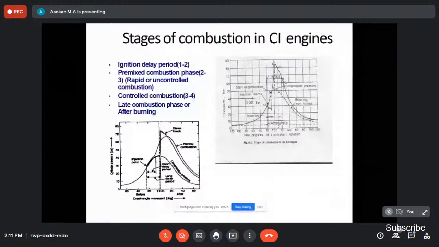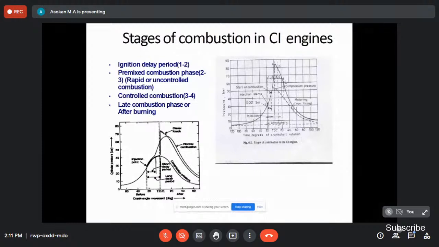Once the ignition happens, the combustion starts. But once the combustion starts, all the fuel is not burned at the same time. Some of the fuel attains the ignition point already, as I told you. Then there is a sudden pressure rise. That is the pre-mixed combustion, because only a small portion of the mixture attains the ignition point, then the pressure increases.